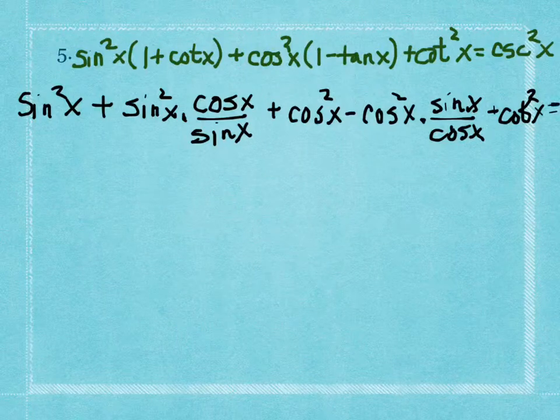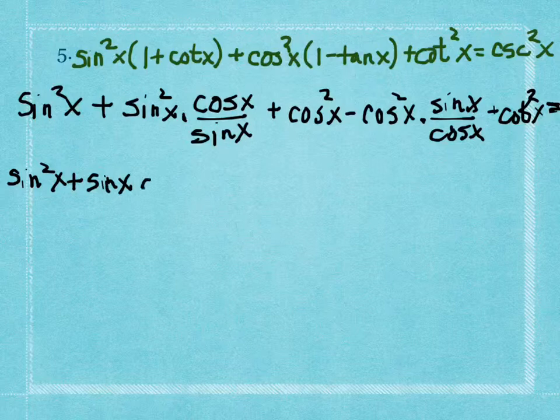And it equals what's still on that side, the cosecant squared. Oh, goodness. All right, well, I've got sine squared of x plus. How will this one simplify? What is sine squared of x times cosine over sine simplified to? Sine times cosine. Everybody agree with that? Awesome.